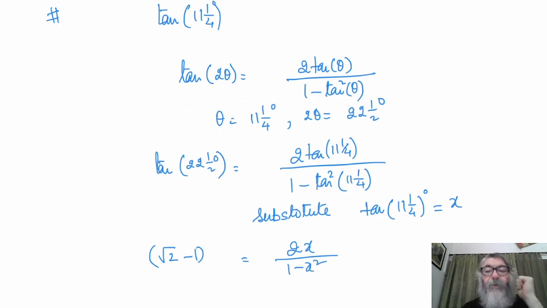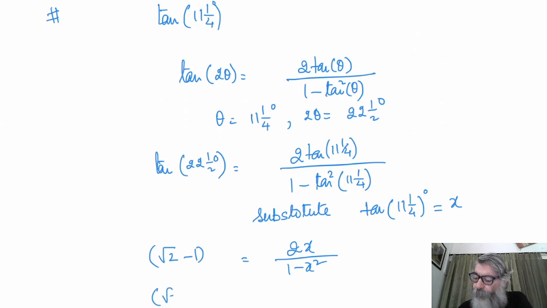It will become a simple quadratic equation, in the sense that I don't have to write tan 11 1/4 every time, because it is a little tedious. So in place of tan 11 1/4 degree, I have replaced it by x.